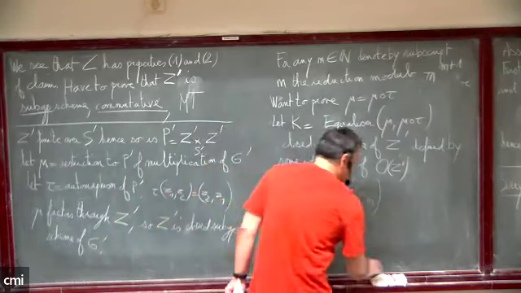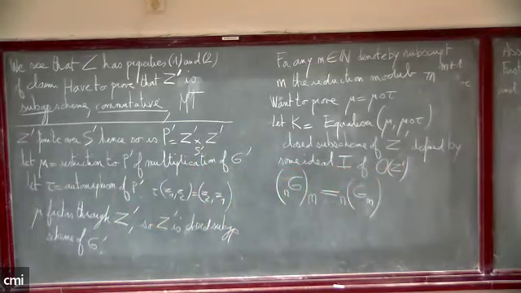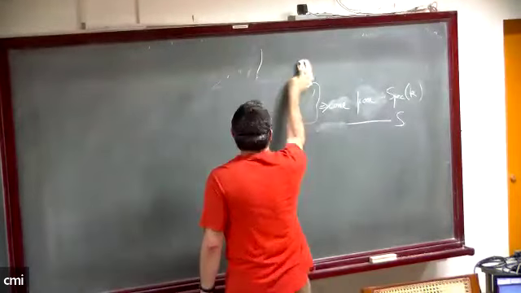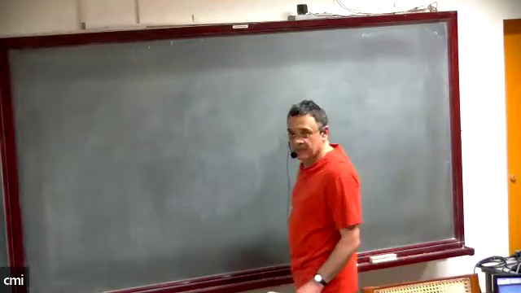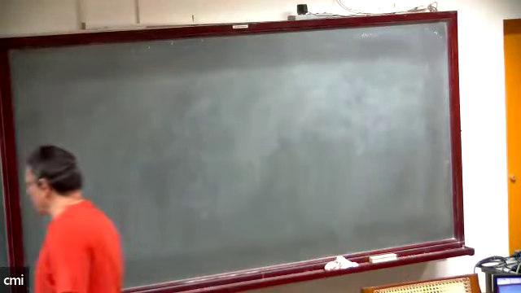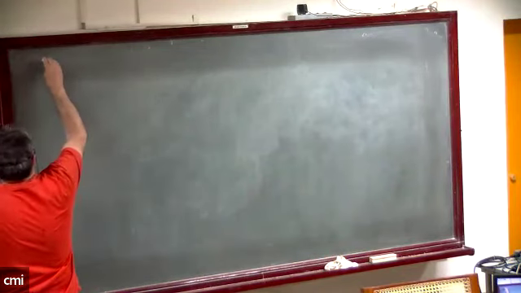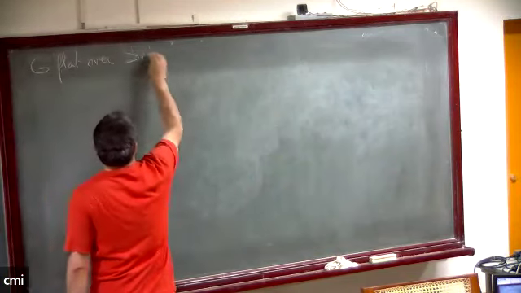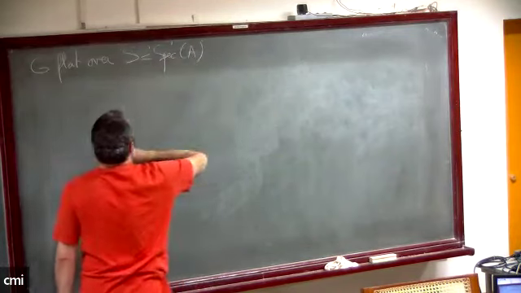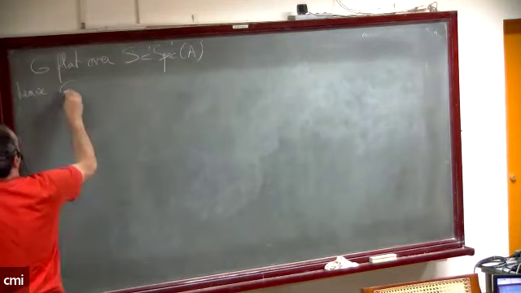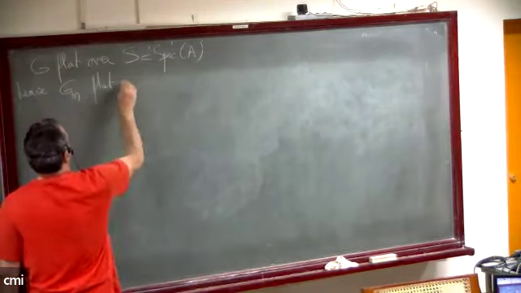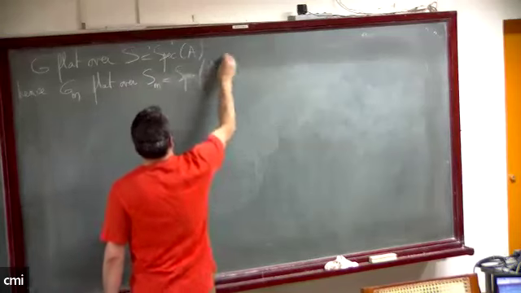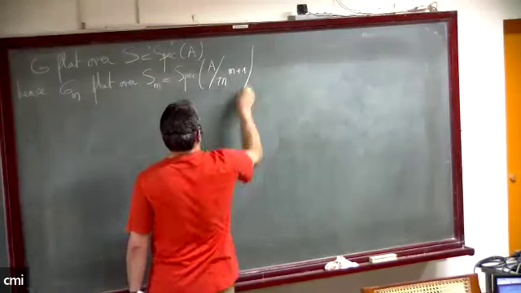So let me continue here. And so by assumption, G is flat over S, which is the spectrum of A, and G_m is flat over S_m, which is the spectrum of A over this.